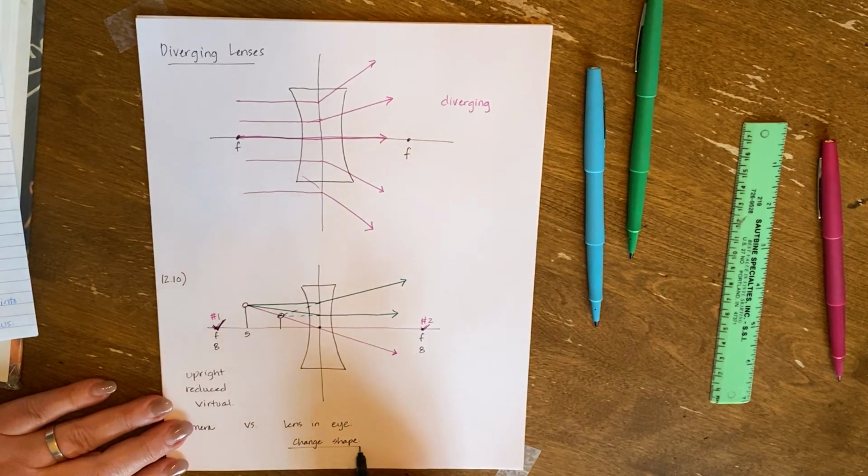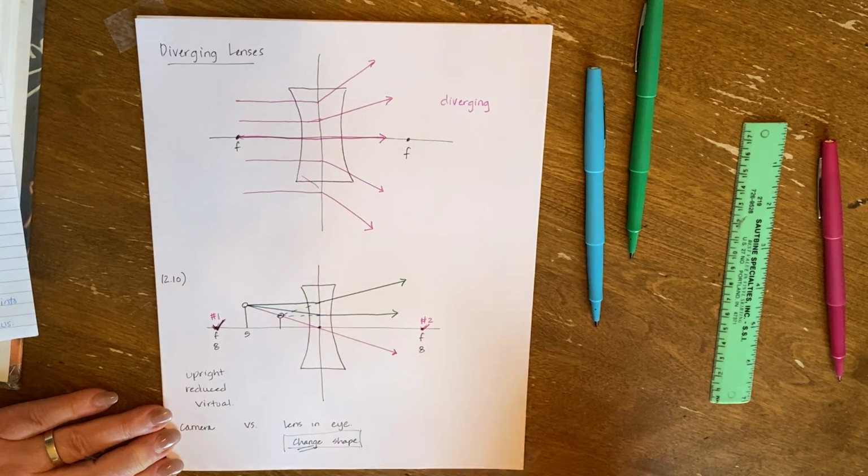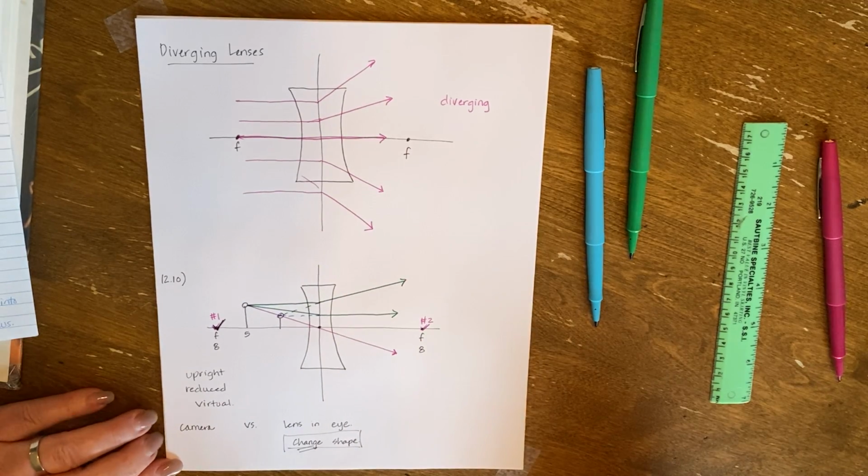So we don't have to reposition or move to see something close up, far away, to the right, to the left. Our brain, through God's design, just tells our lens to change its shape. Okay? And that happens without us even really knowing or thinking about it.